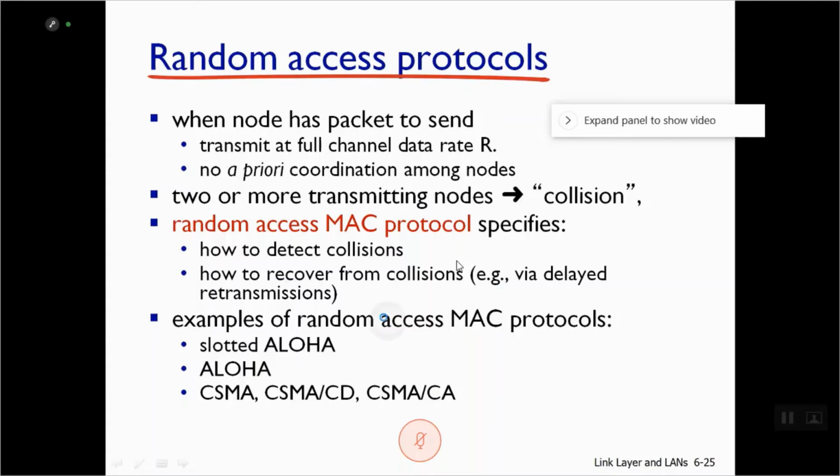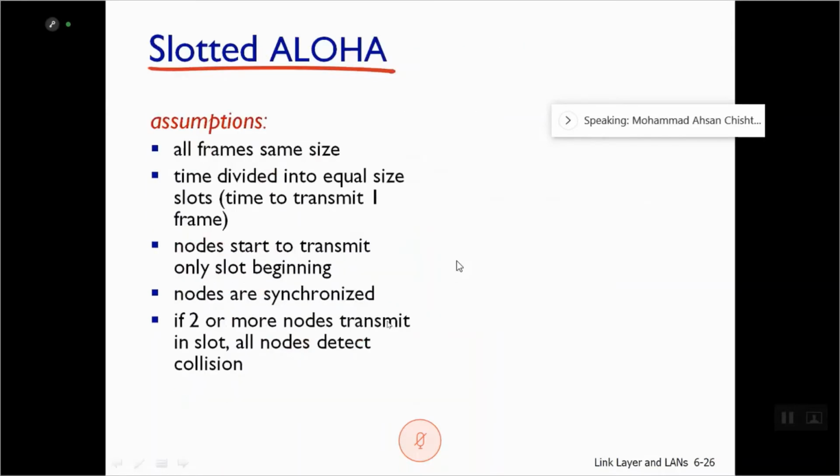So slotted Aloha. There are some assumptions that we take in slotted Aloha: all frames are of the same size, that means all frames consist of exactly L bits. Time is divided into slots of size L by R seconds.